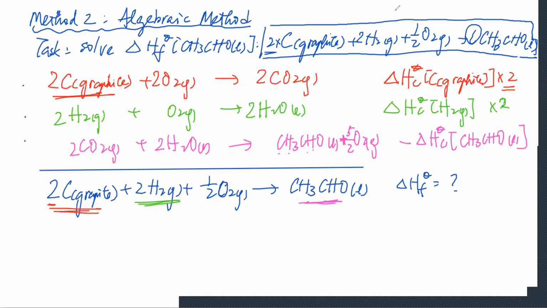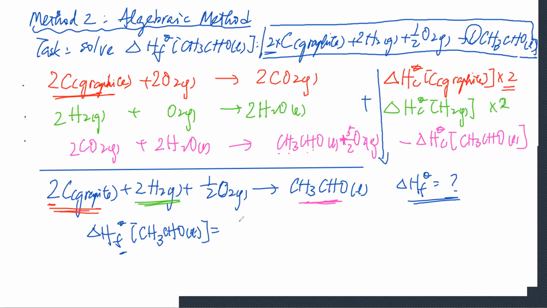So what is that delta H actually? I would like to find out this one, right? How? So you are going to make a summation of this. You add it together. So which means delta H of formation of methanol, it is equal to what?